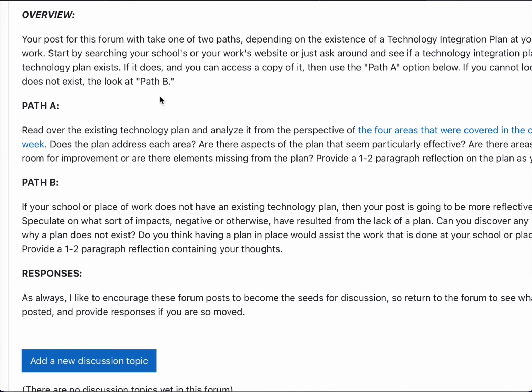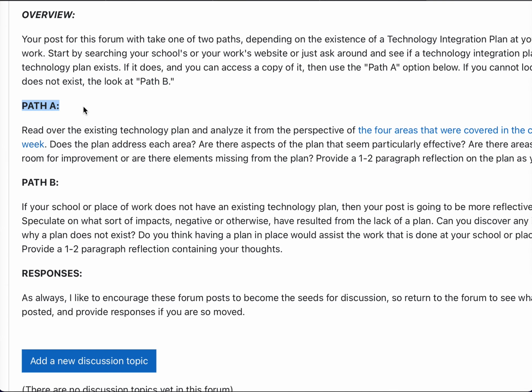So look on websites, talk to central office people, talk to business office people, see if there is an existing technology plan. If there is, then you're going to follow what I'm calling path A, which is to do what we just did with Newington's.